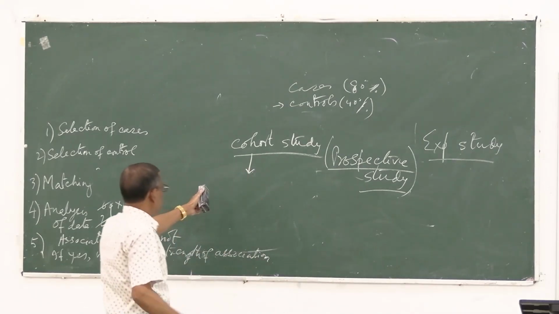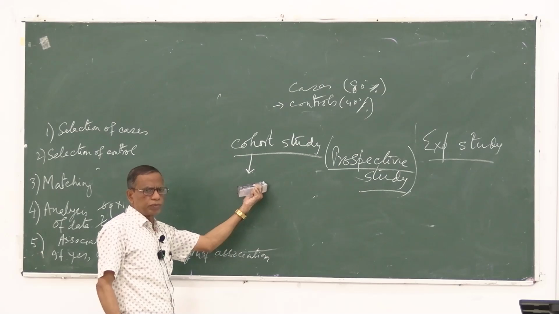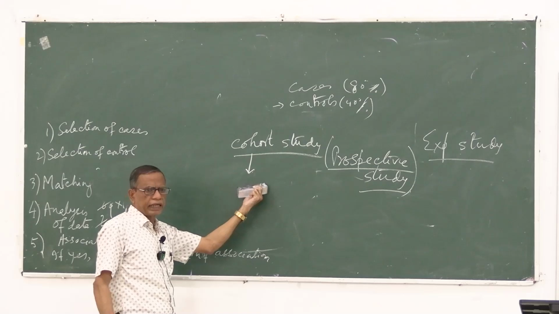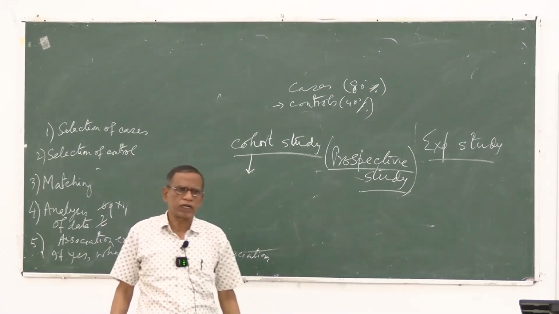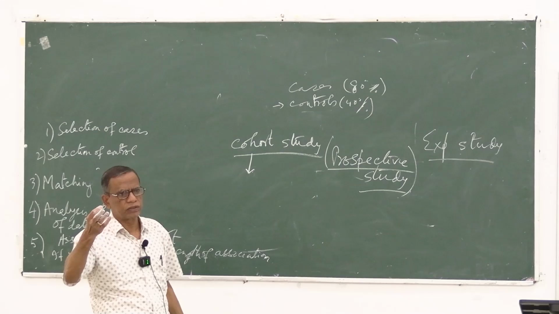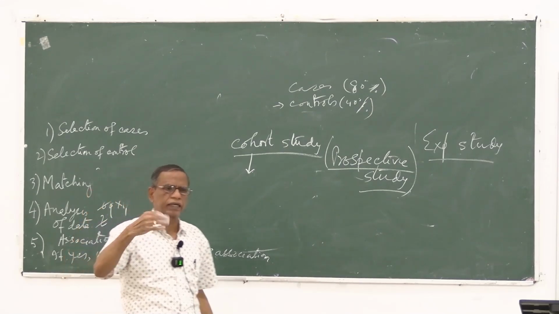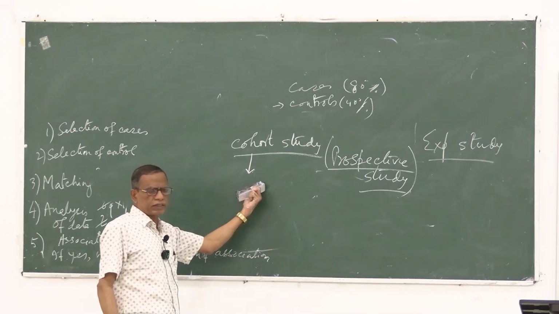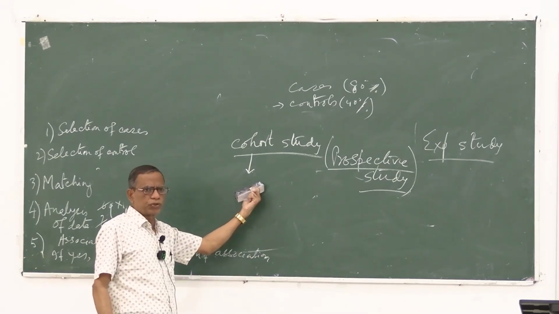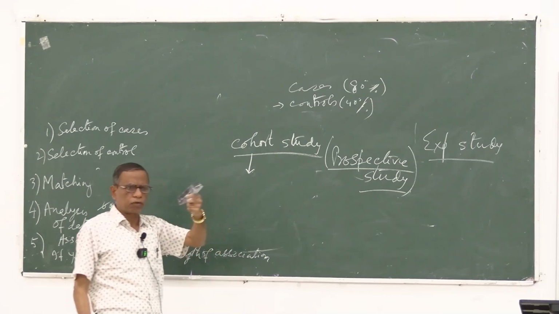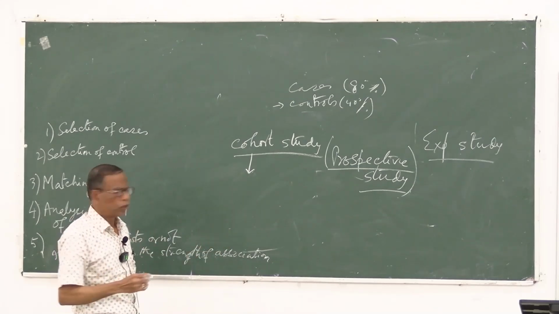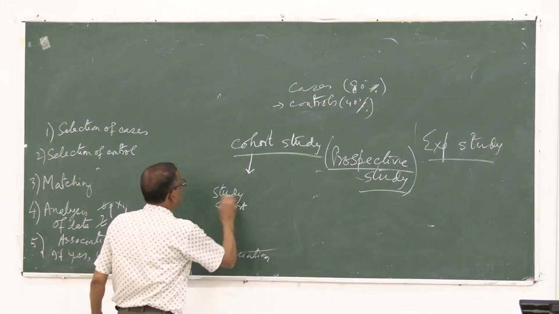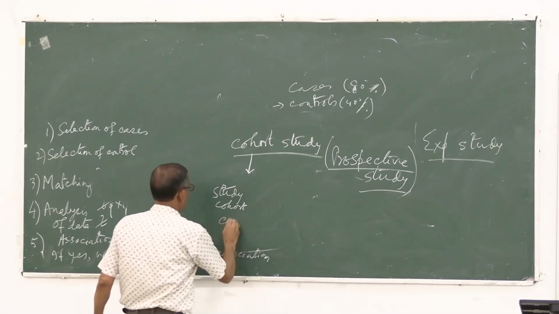So in cohort study, we can choose mothers who are attending antenatal or postnatal clinic, all mothers who are attending antenatal clinic or mothers who are attending an immunization clinic. From the mothers, you can choose your cohort group. So in the cohort group, there will be two groups. One is study cohort, another is control cohort.